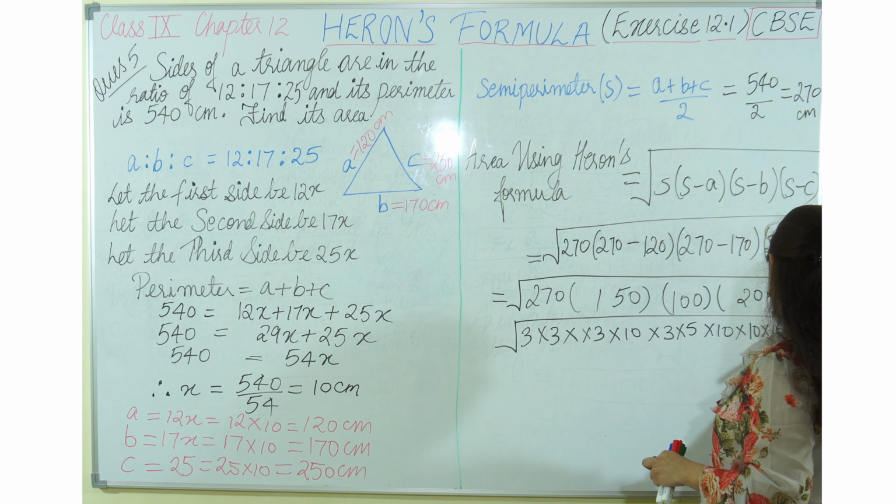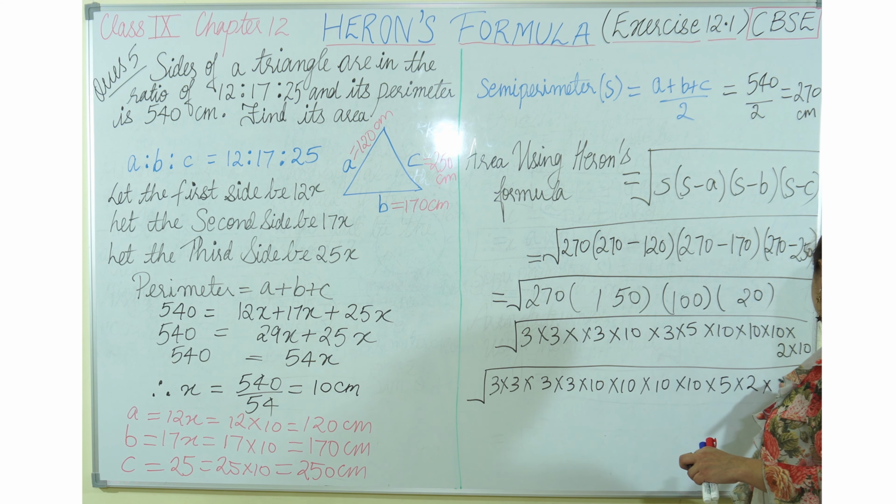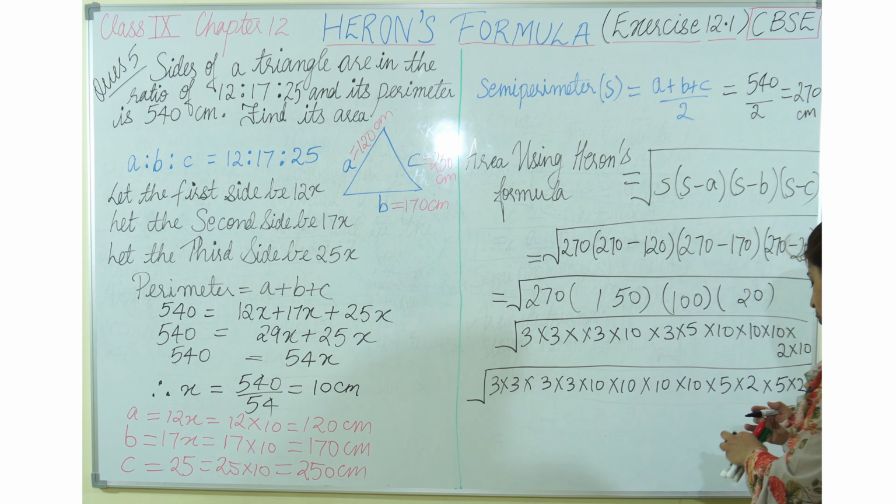So now let us see what all pairs we are getting over here. So here we are getting 3 into 3, 1 pair, then this 3 I can write with this 10 and this 10, okay. Then these two, 10 into 10 over here, okay, 5 into 2, and this 10 we can also write as 5 into 2, okay.